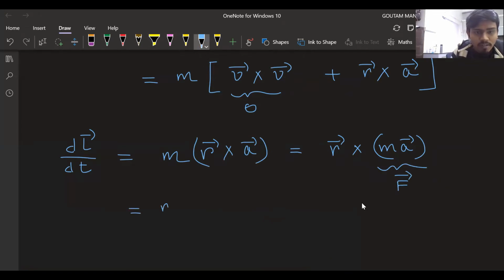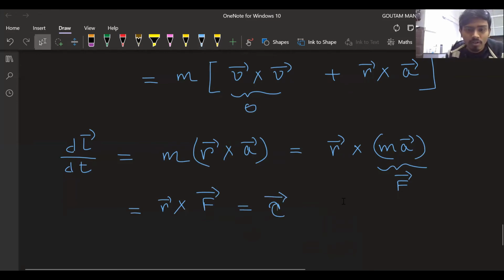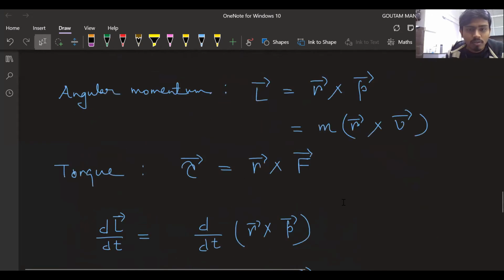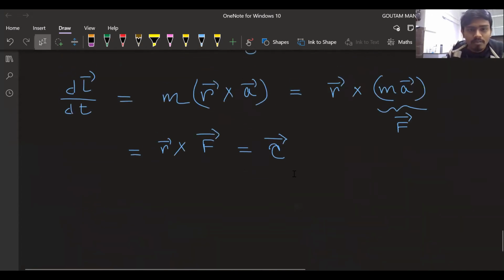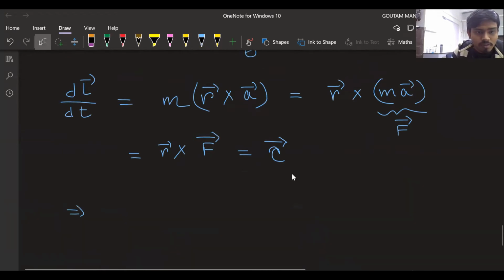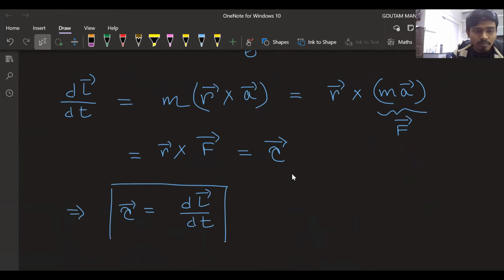So dL/dt is r cross the force, which is defined as the torque. You can see r cross F. So torque is basically the rate of change of angular momentum. Let's say this is our equation 2.